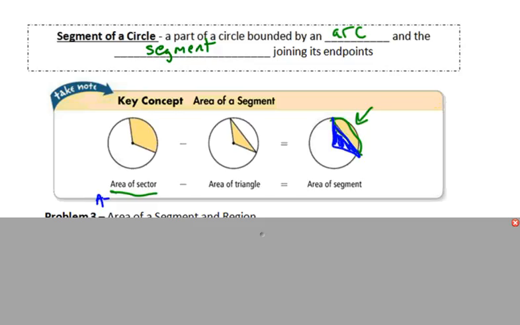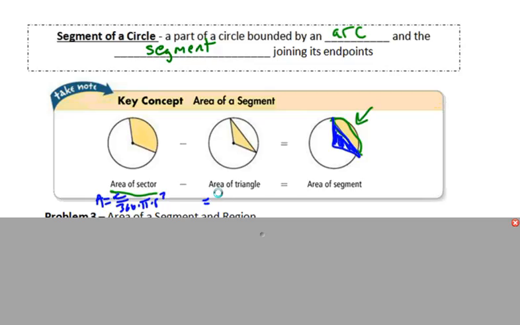Area equals the angle measure over 360 times pi times r squared. We found the area of a triangle by doing, if you look back, it was actually theorem 10.8.